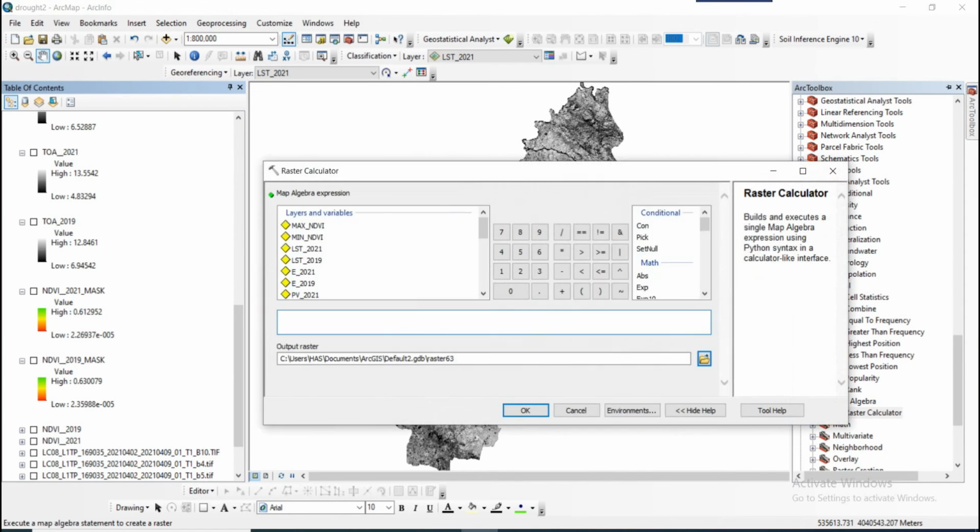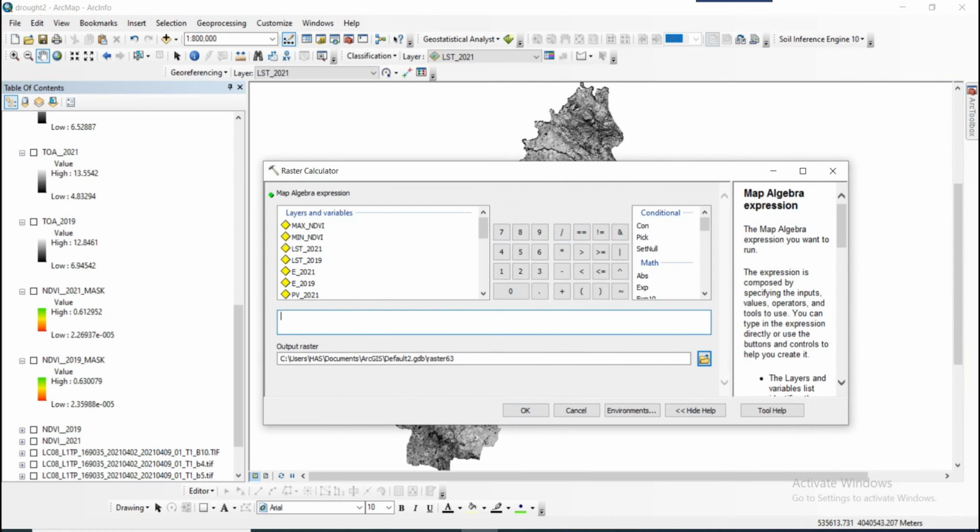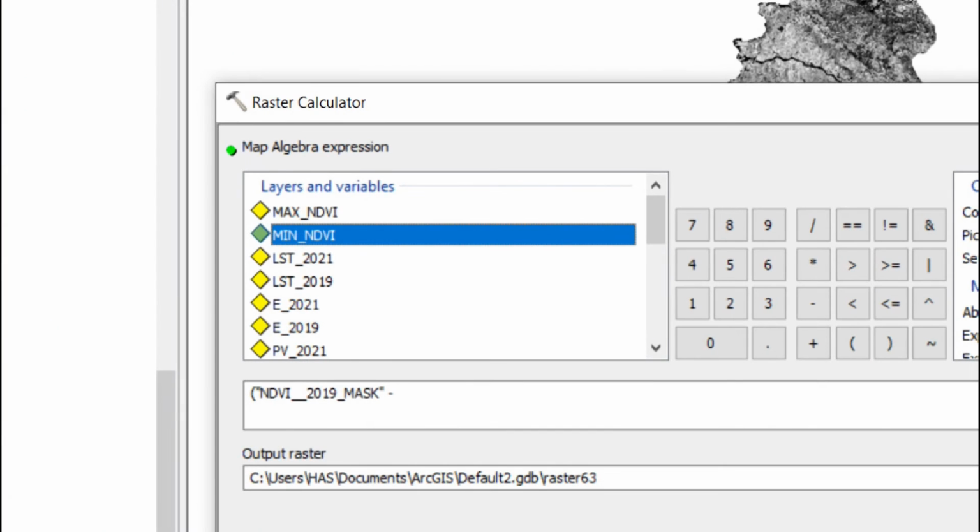So we go to the raster calculator again. We have NDVI for 2019, the mask one, minus the minimum value. We will choose this minimum that we calculated right now.